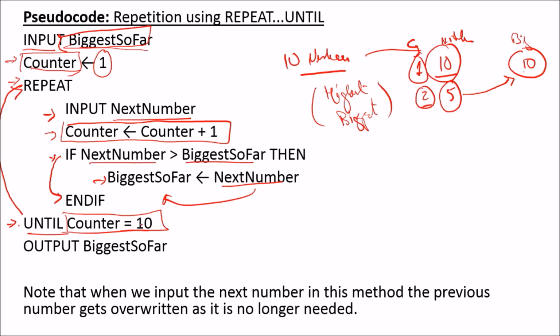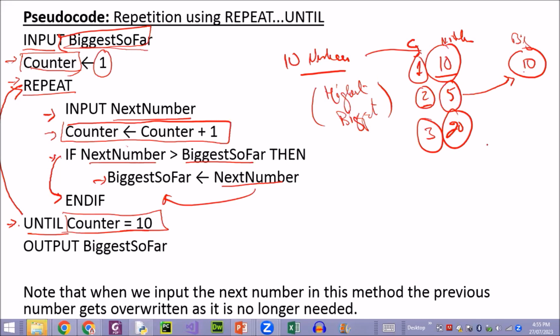Okay. So counter will become now 3. Oh, sorry. It is 2. It will go back to the repeat until and ask you to enter another number. Another number is, say, 20, and counter is, this is third. Counter became 3. So this is your counter variable, and so on.